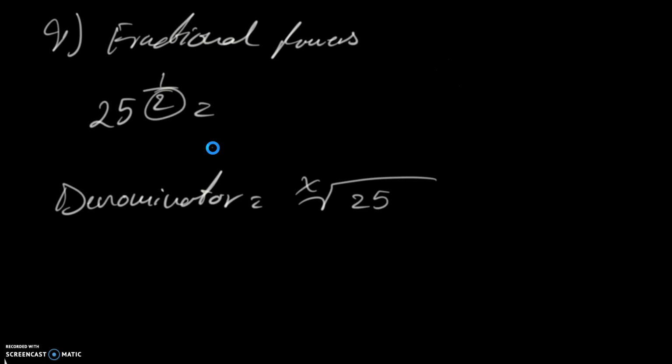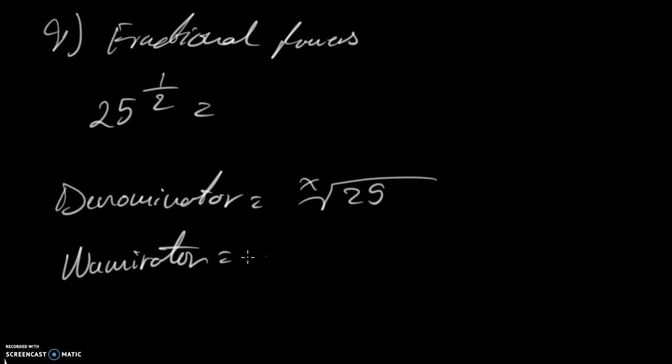So, let's get rid of this. Let's write x 25. The numerator means what power you raise the number to after you've square rooted it or cube rooted it. So let's say 25, because we have the denominator of 2, we square root it to get 5.